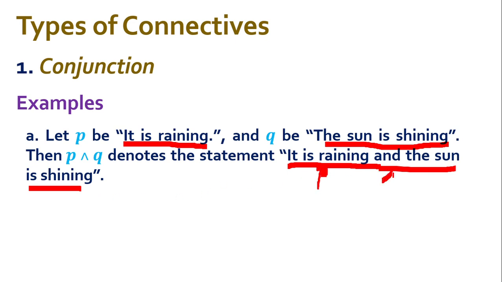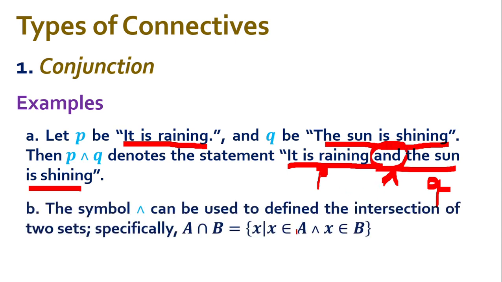Ito yung and, and then this will be your q. Di ba? So, yun yung ating nabuong conjunction. So, example ng conjunction. Kasi because we have the p, which means it's raining, and then q, which is the sun is shining, and this one is the connective or connecting word which is and, parang ganon.